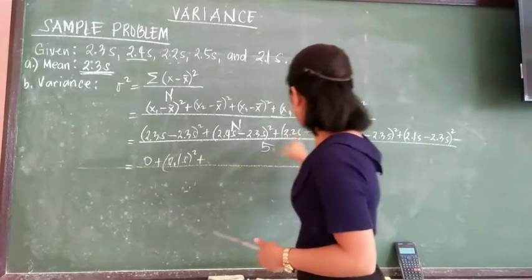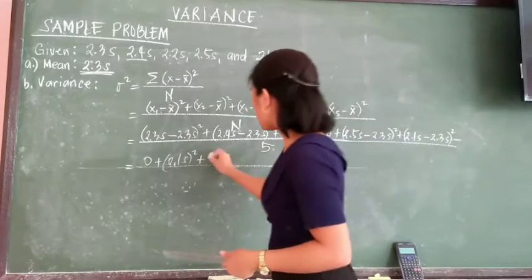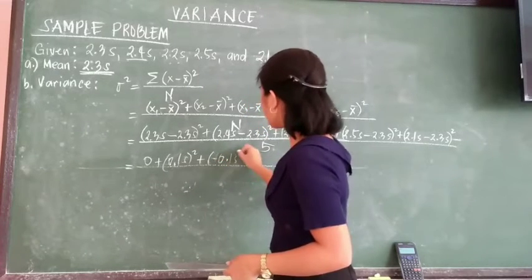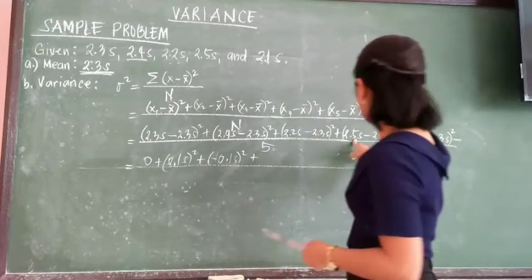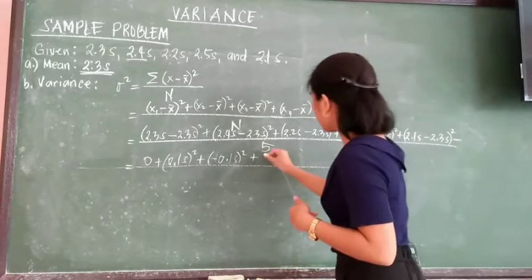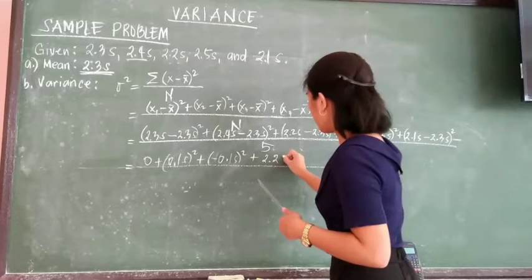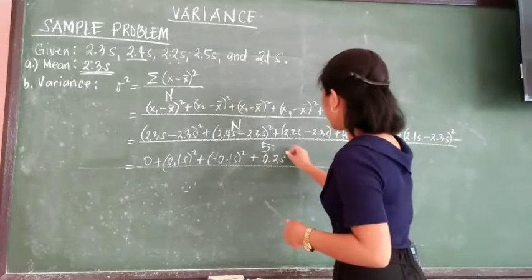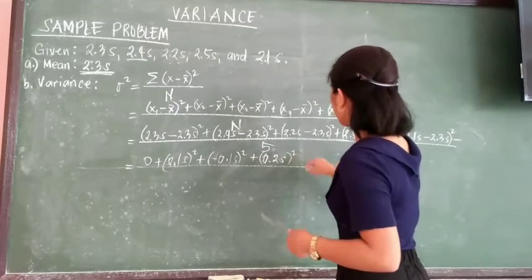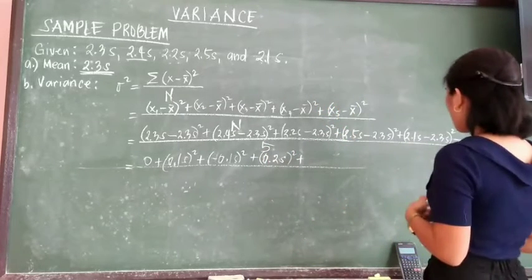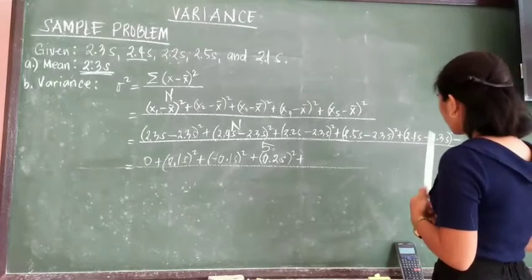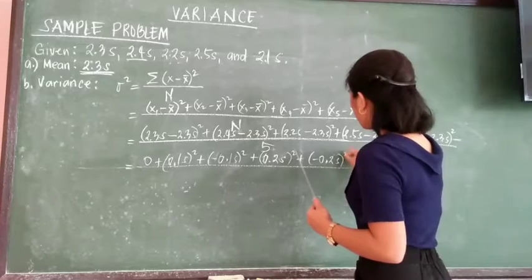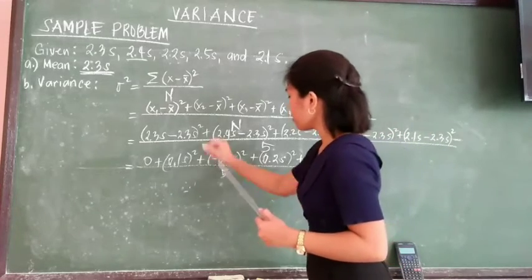Plus 2.2 minus 2.3 is negative 0.1 seconds. 2.5 minus 2.3 is 0.2 seconds, plus 2.1 minus 2.3 is negative 0.2 seconds.